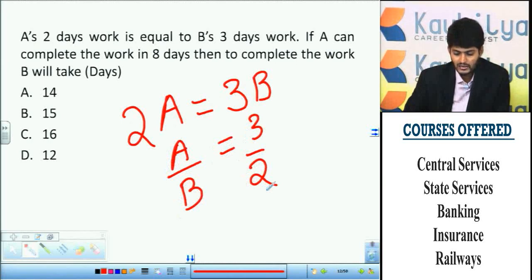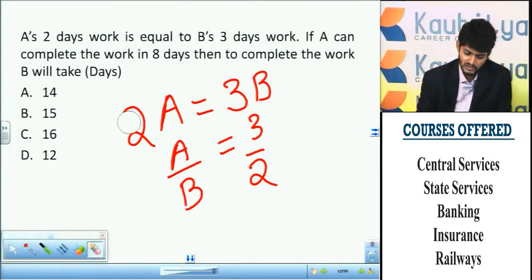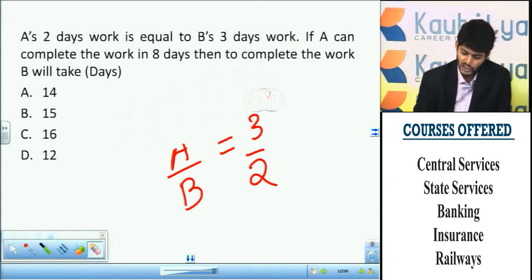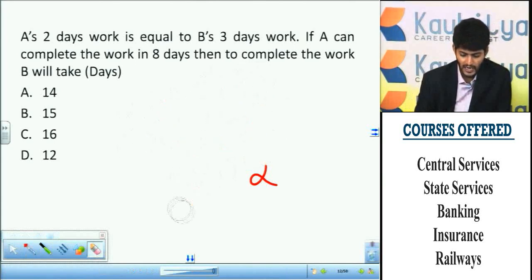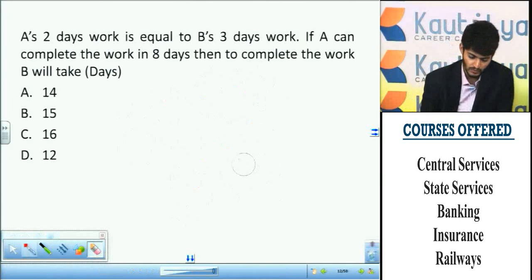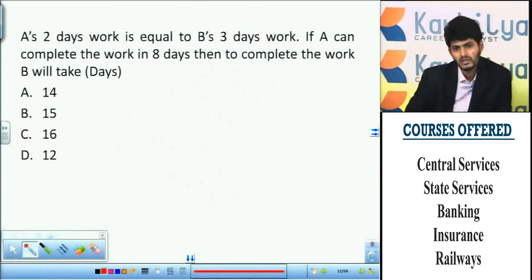Now the next part of the problem. If A can complete the work in 8 days, then how many days will B take to complete the work is the given question. As you can see, first we have spoken about the efficiency of A and B and the time they have taken to finish the job. Now let us understand the relation between efficiency and time taken.